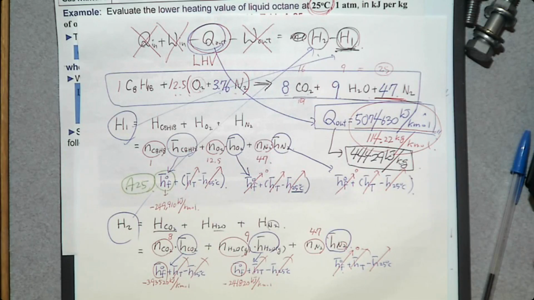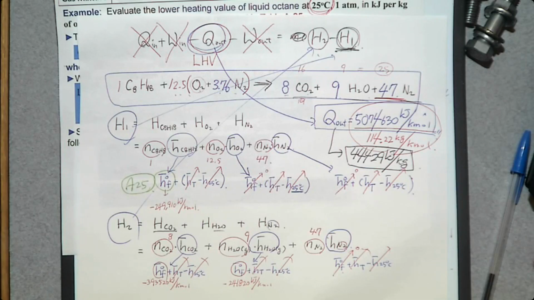Then, if it is not 25 degrees Celsius, so this one is one of the easiest cases because the reactant temperature is 25 and the product temperature is 25. Is it possible? Not really. When you burn something, it's going to be pretty hot, right? So the product temperature is usually very high, and the reactant temperature could be near 25 degrees Celsius.